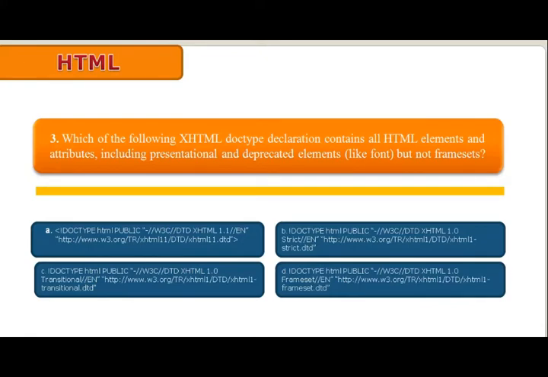C. DOCTYPE html PUBLIC, the site name, w3.org TR xhtml1 DTD xhtml1-transitional.dtd. D. DOCTYPE html PUBLIC W3C DTD XHTML 1.0 Frameset EN, http w3.org TR xhtml1 DTD xhtml1-frameset.dtd.